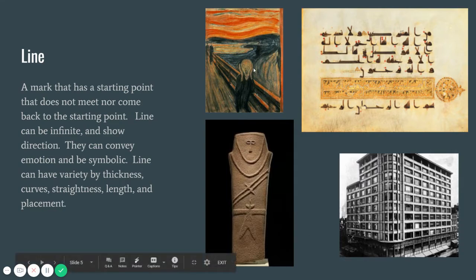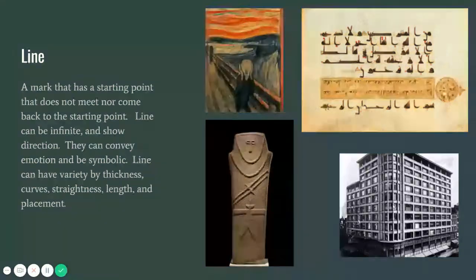Here we have line that is very bold, shows emotion, shows direction. Here we have line that represents symbol, specifically here the Arabic alphabet. Here we have lines that show direction, your vertical and your horizontal, and that they make up a structure.